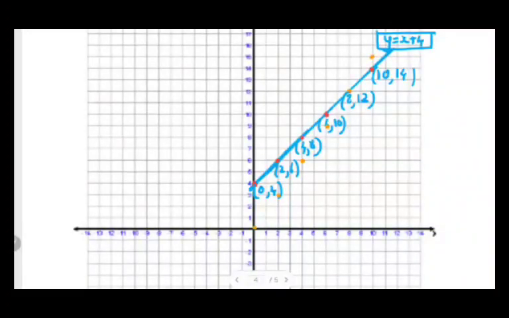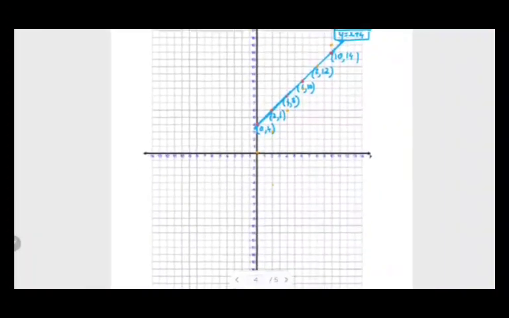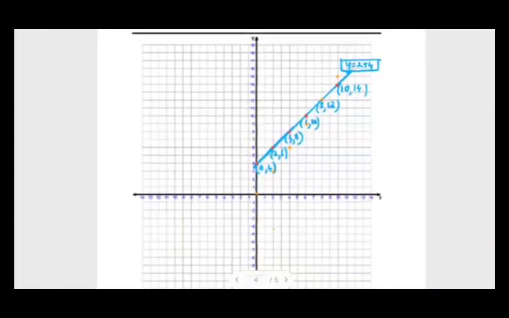Let me join these points as well. Yes, visible.